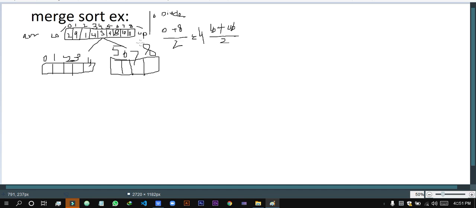Okay, so now you can see our array has been distributed into two sublists and they also contain some data: 2, 9, 1, 4 and 3, and this one also contains 4, 8.